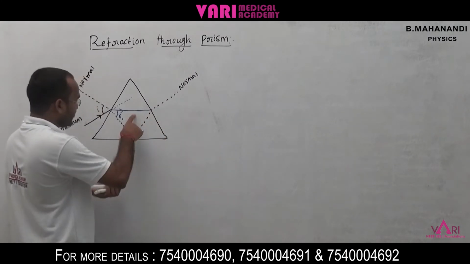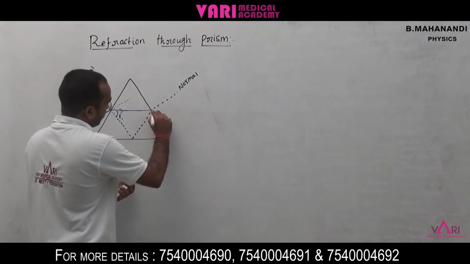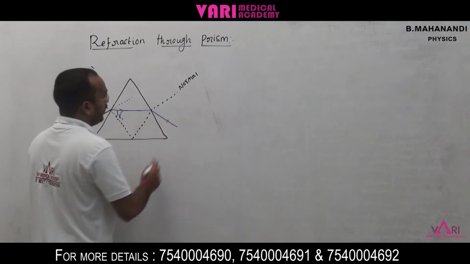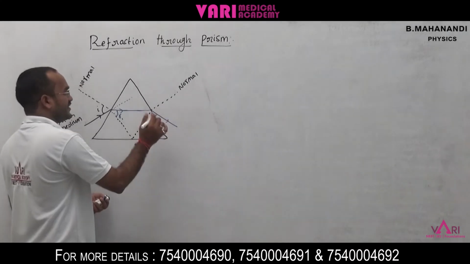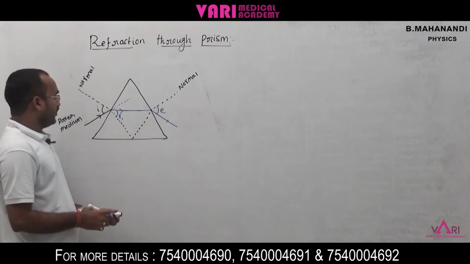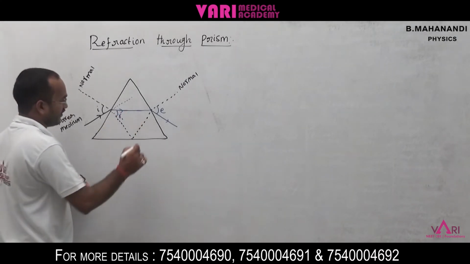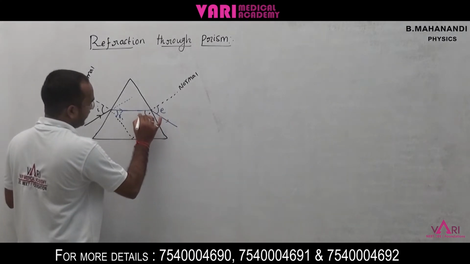The emergent ray is formed away from the normal. The angle between the normal and the emergent ray is called the emergent angle. For the first refraction the angle is R1, and for the second refraction the angle between the ray and the normal is R2.